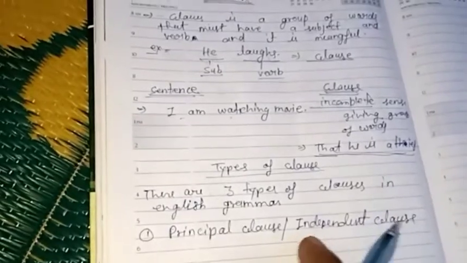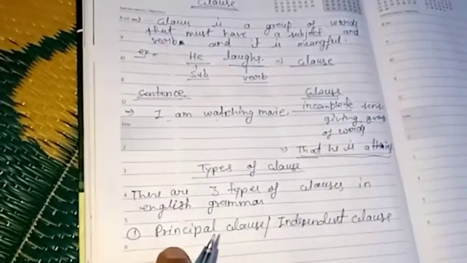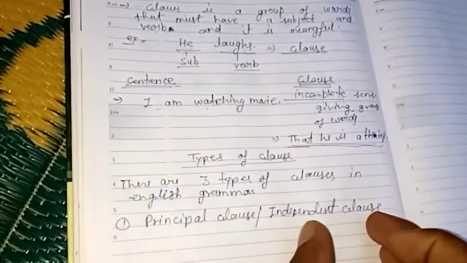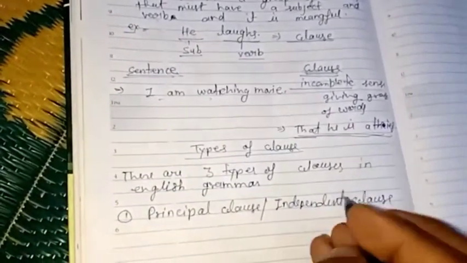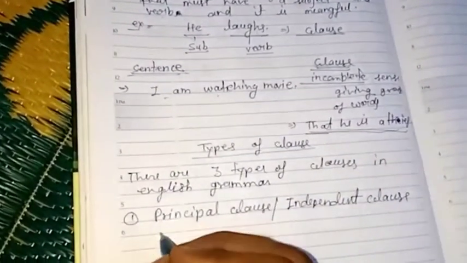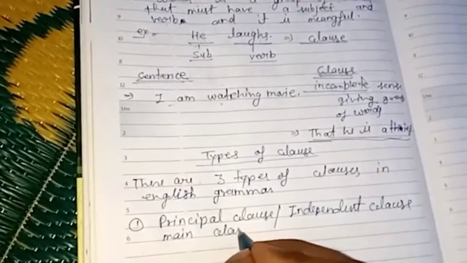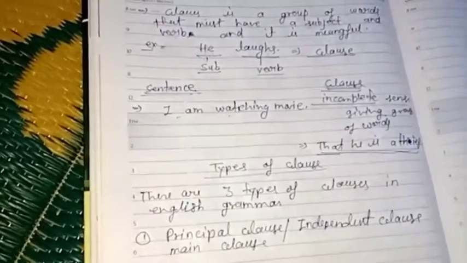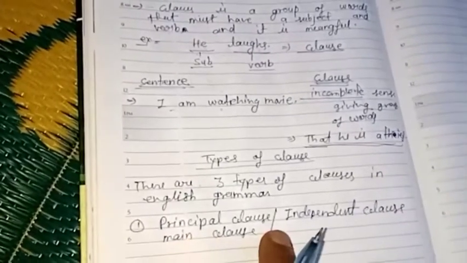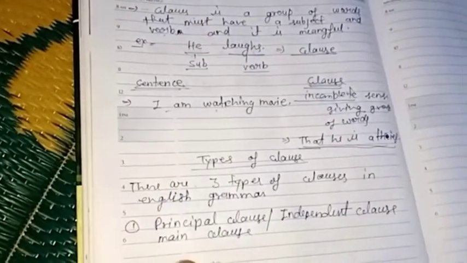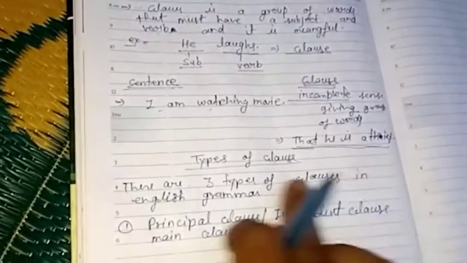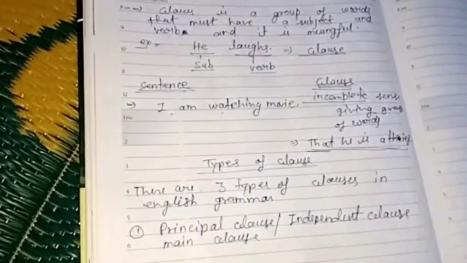That's why we call it independent clause. प्रिंसिपल क्लॉज or independent clause, there is another name of this clause. It is main clause. People call it by different names: principal clause, independent clause or main clause. So these three names are for one thing.